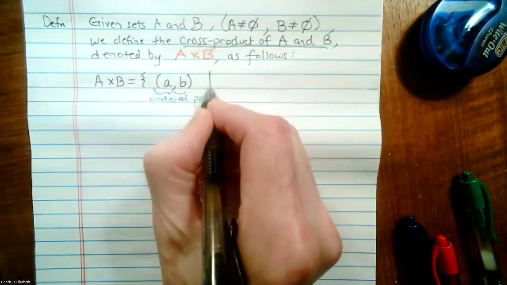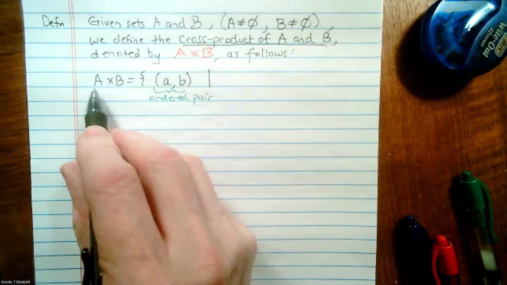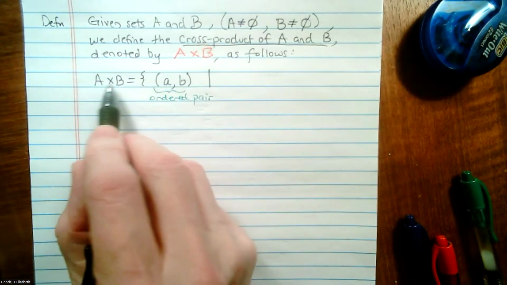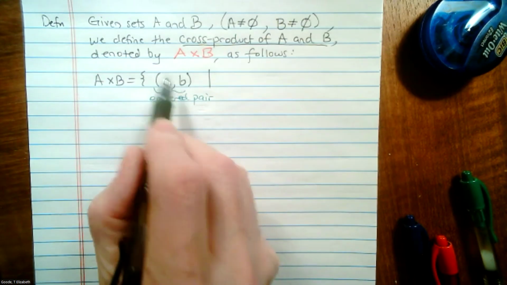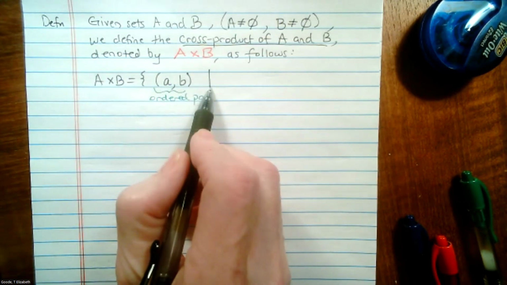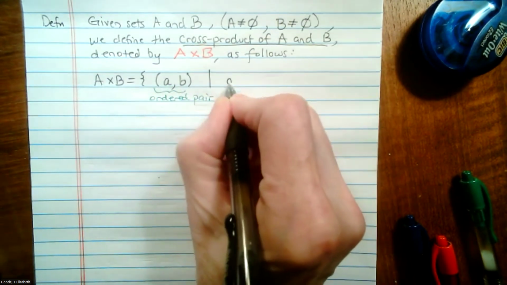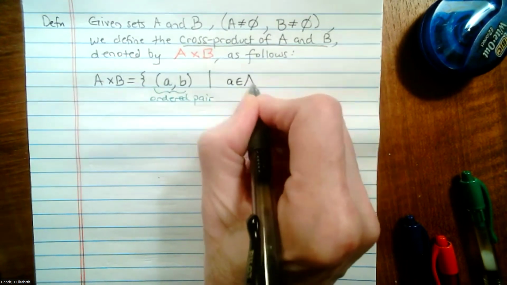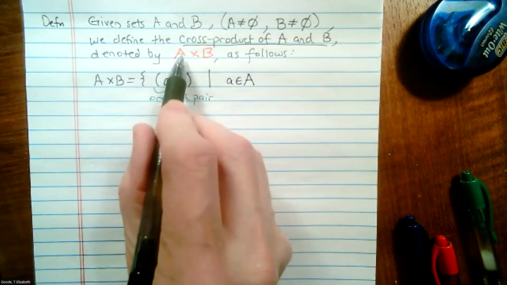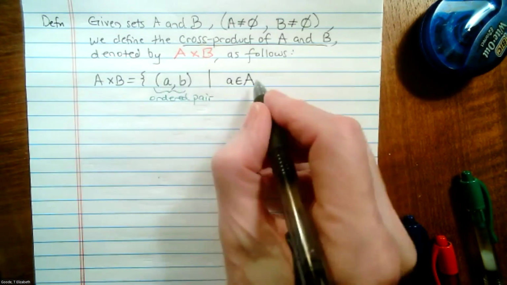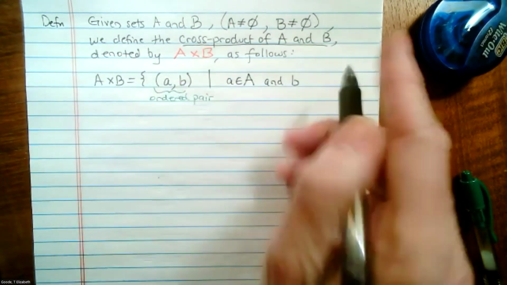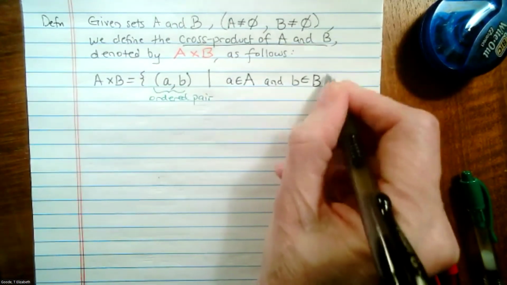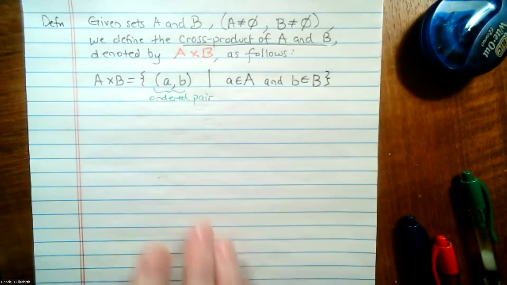But in general, for any two sets A and B, the set A cross B is the ordered pairs (a, b) such that little a is an element of set A. So the first coordinate comes from the first set, and the second coordinate, little b, comes from the second set. Okay, so they sort of match up.